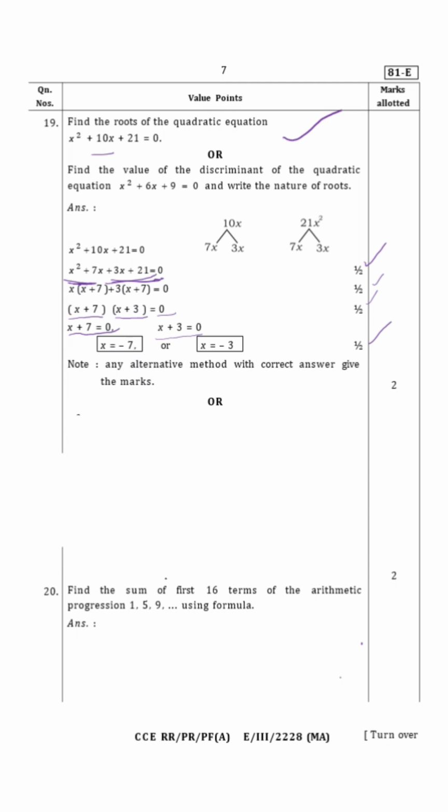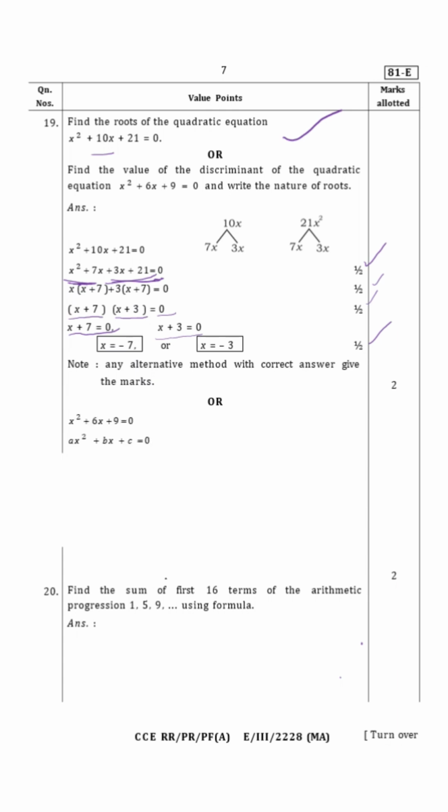There is another question. Find the value of the discriminant of the quadratic equation x square plus 6x plus 9 is equal to 0. Here the given equation is x square plus 6x plus 9 is equal to 0. Here a is equal to 1, b is equal to 6, c is equal to 9.